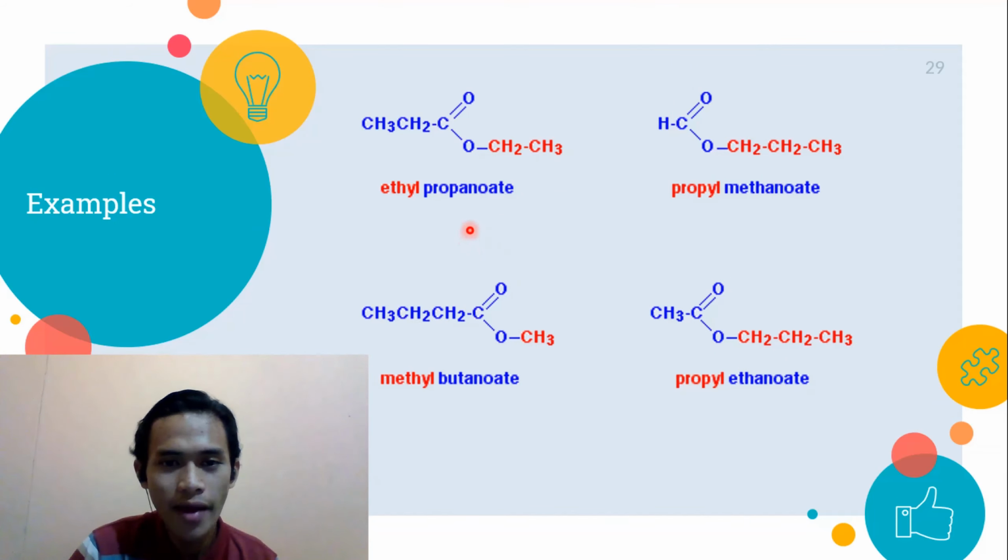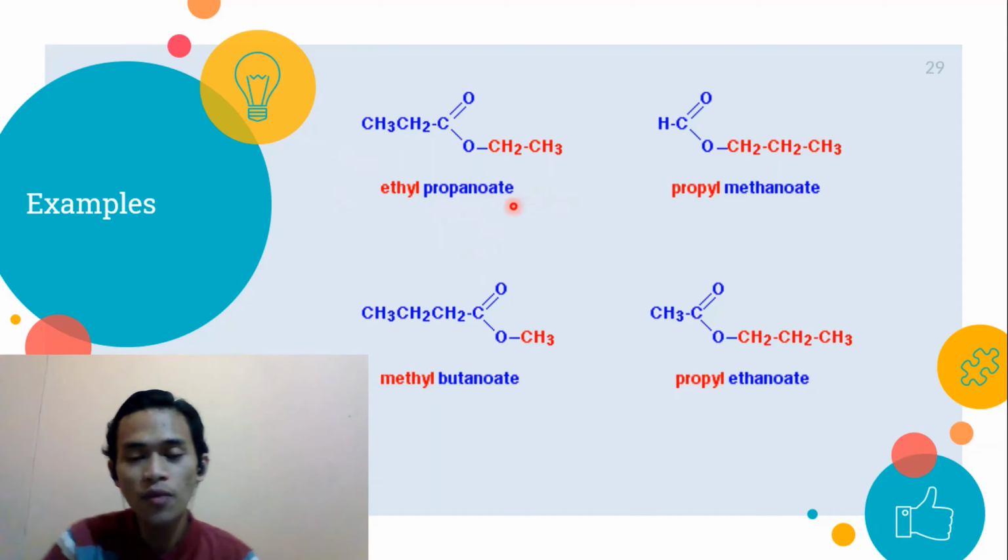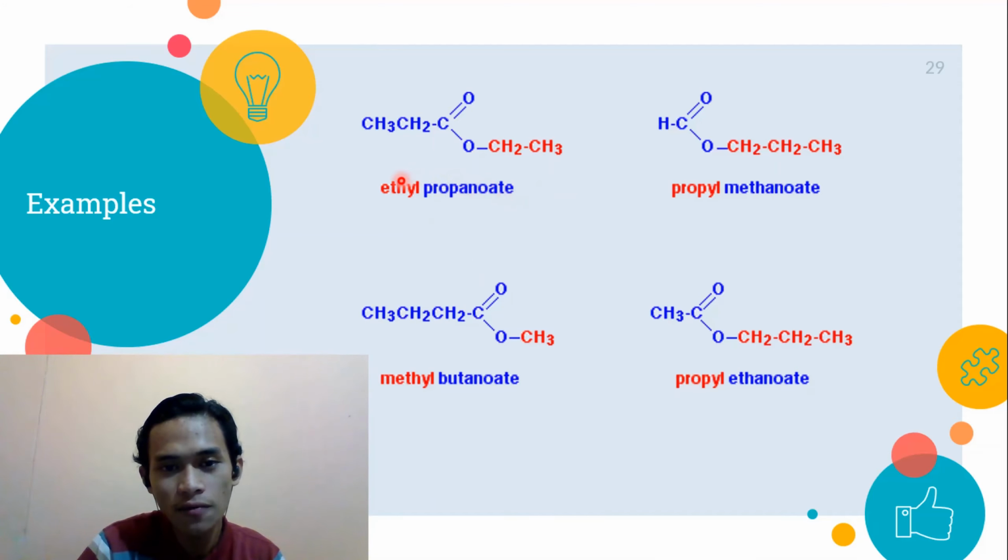Examples of some esters. First, ethyl propanoate. Ethyl propanoate comes from ethanol and propanoic acid. This is ethanol, this is propanoate. This is propyl methanoate. Propyl comes from propanol, and the methanoate comes from methanoic acid. This is methyl butanoate.